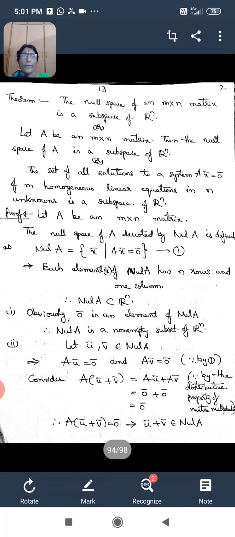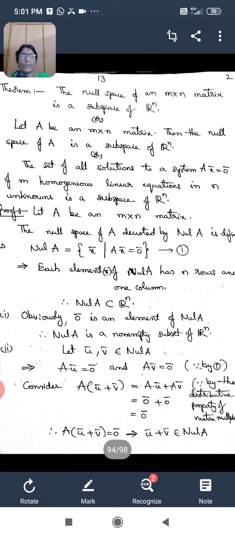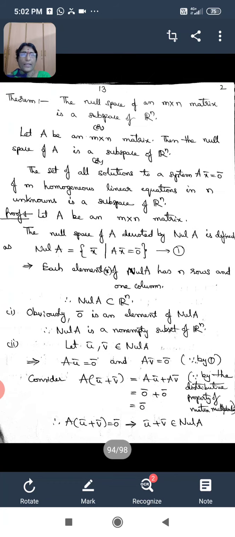So if u bar, v bar are elements in null A, then we can say that A u bar is equal to 0 bar and A v bar is equal to 0 bar. These two we can say by using equation 1. Now consider capital A times u bar plus v bar. This is further equal to A u bar plus A v bar.